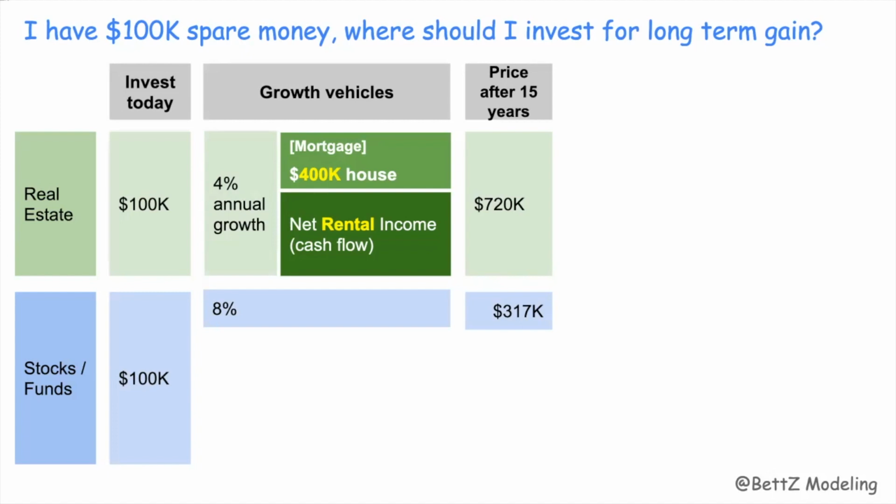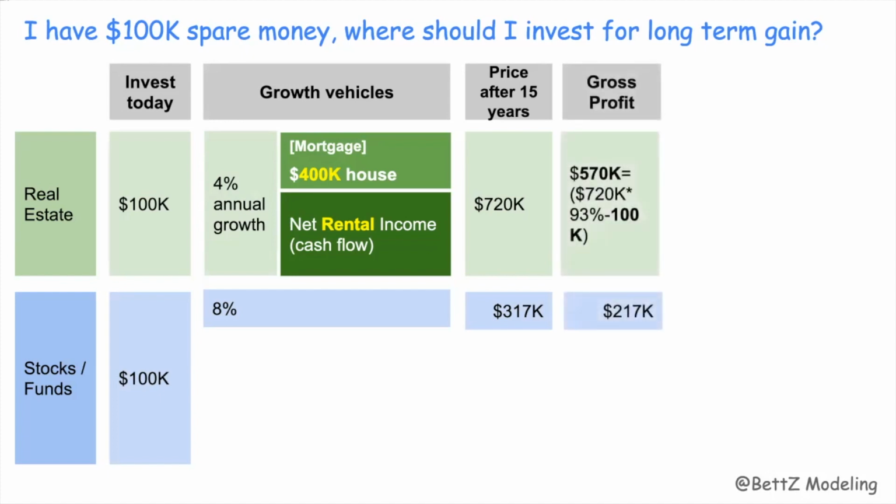However, your gross profit on the house is 570K after paying commission and closing cost, which is roughly 7%, and deducting your original investment 100K. While in the stock market, your gross profit is only 217K.